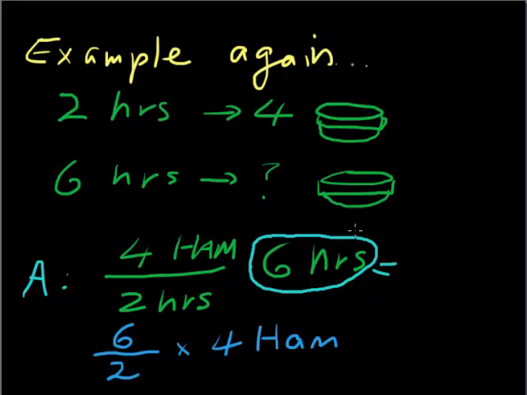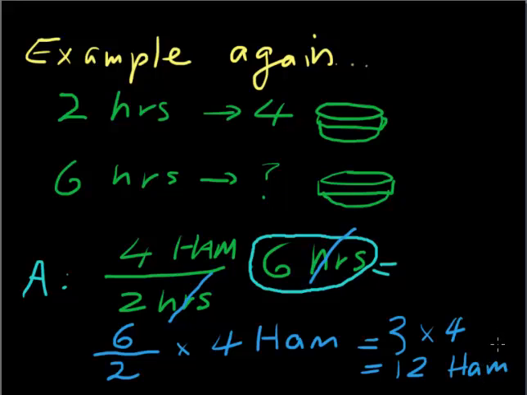Okay, you notice that the hours disappear, right? Now you're left with the right unit. 6 divided by 2 is 3 times 4 equal to 12 hamburgers. Same as before, right?